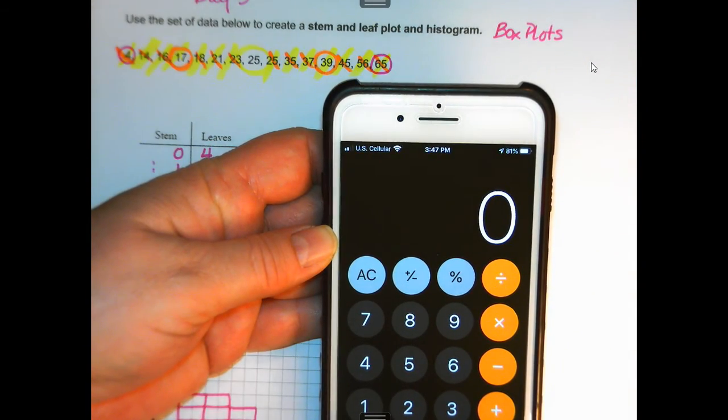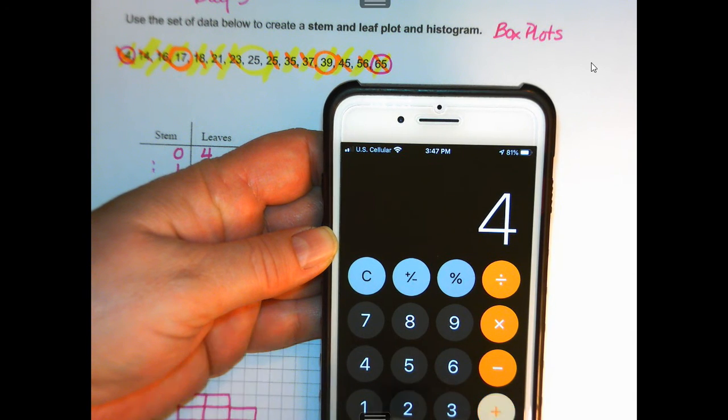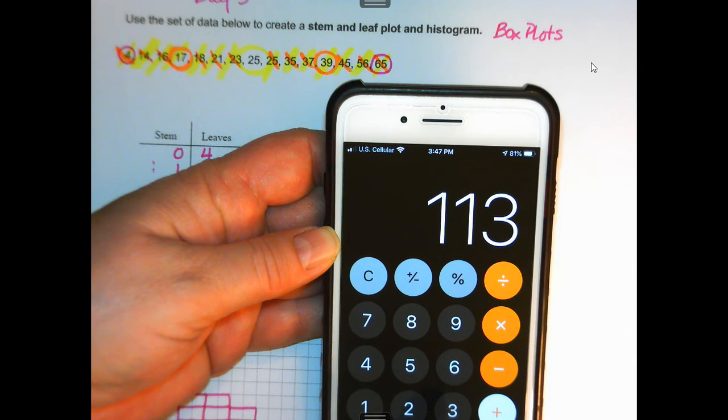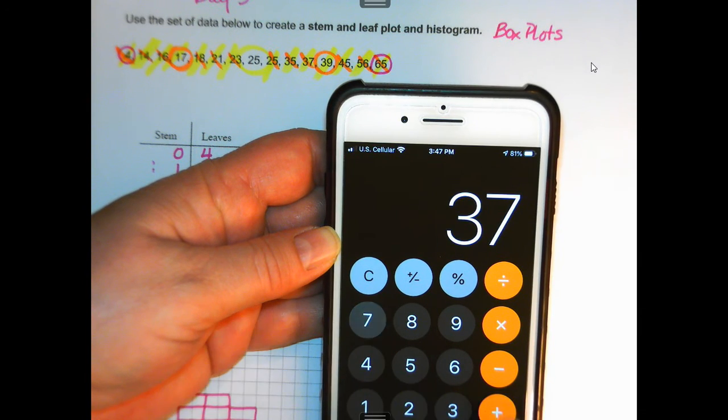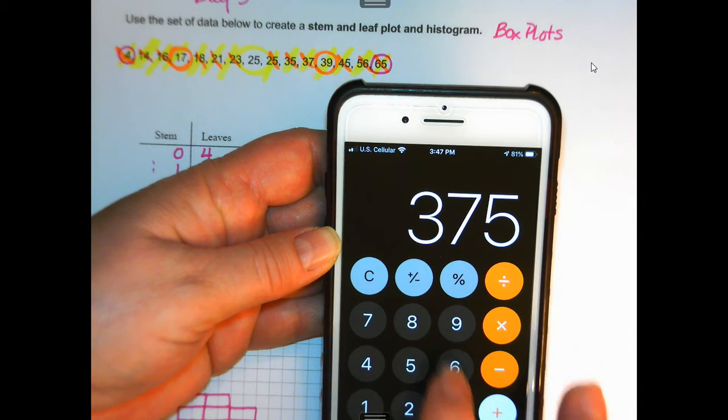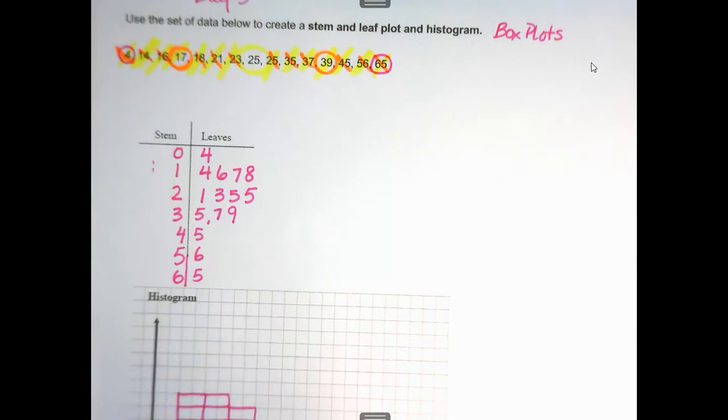And we are going to add 4 plus 14. All right, and I got 440.